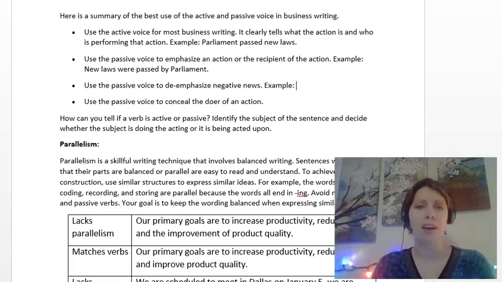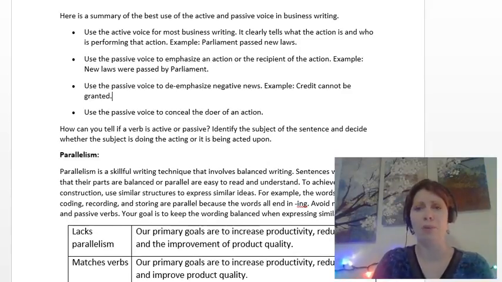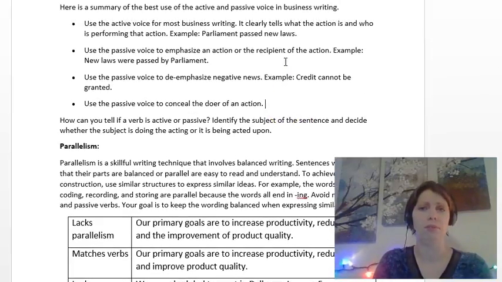You can also use the passive voice to de-emphasize negative news, as we've been saying, like credit cannot be granted versus something like we will not grant credit or cannot grant you credit at this time. Even that is more polite, but using the passive definitely softens the blow.